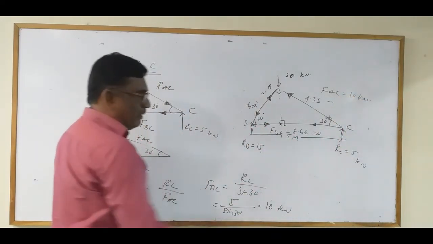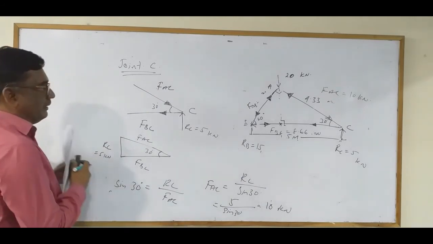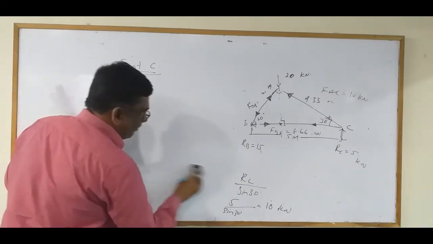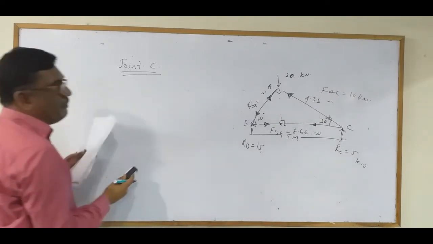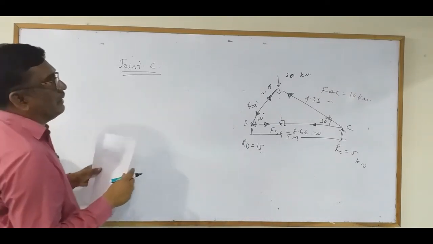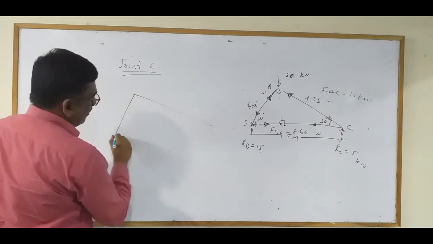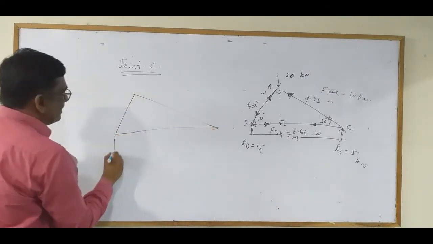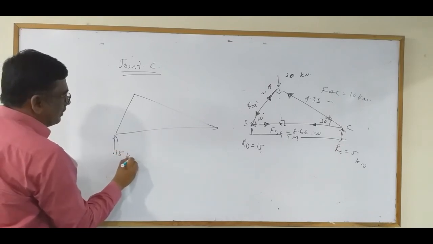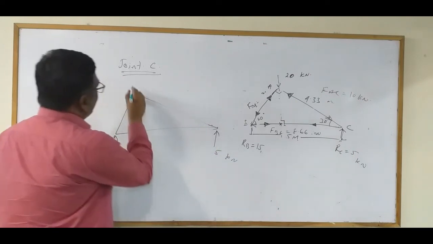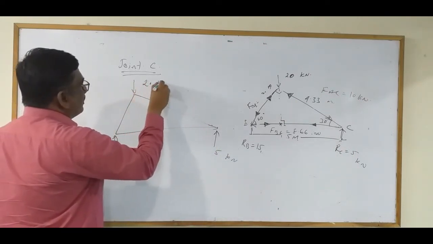The direction is coming positive, so the direction is right. So we have found out the forces in all the members, the force in the members AB, BC and AC. So mark the results here. This is the value of 15 kilonewton. Here it is 5 kilonewton. Here the given force 20 kilonewton.